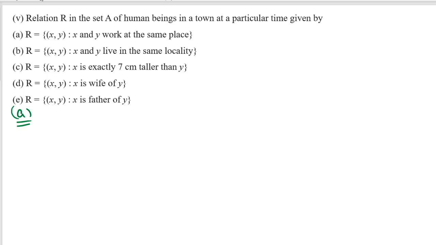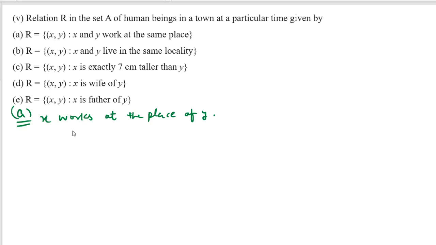Okay, fine. So see, x works at the place of y. What does that mean? X works at the place of y, which means x and y both work at the same place.